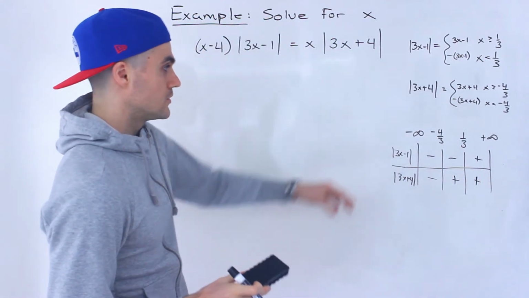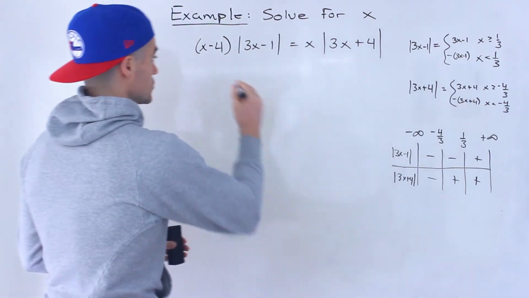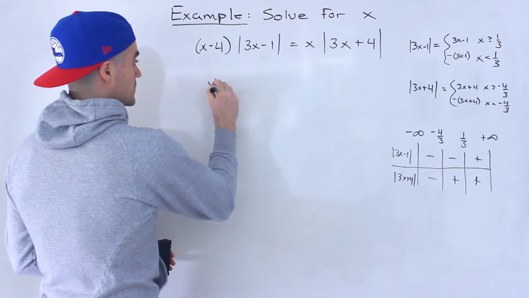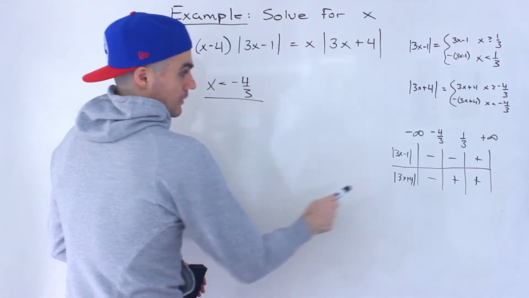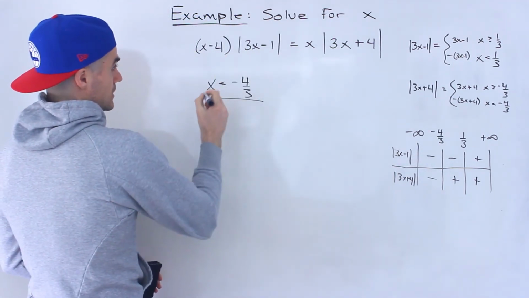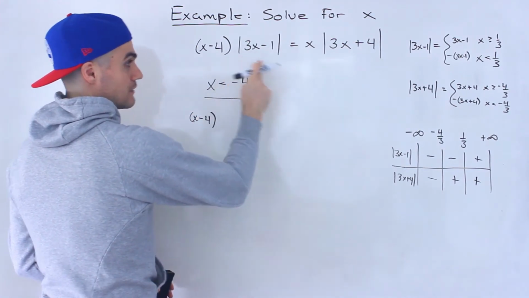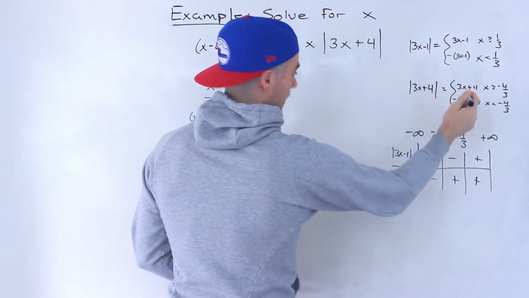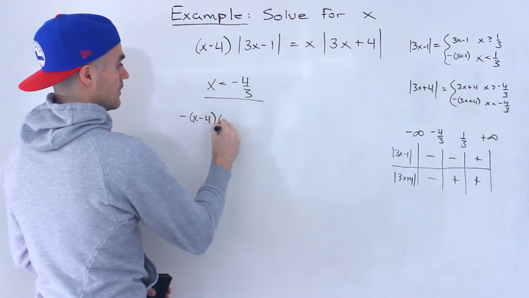Now what we want to do is look at these intervals separately. The first one we would look at is when x is less than negative 4 over 3, and notice that both of these are going to be negative. So we'd have x minus 4 times negative, basically this factor, and the negative I'm actually going to put in front.